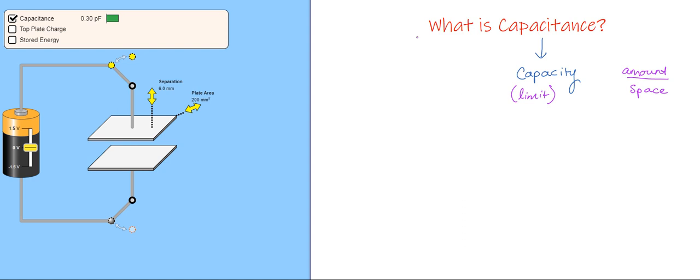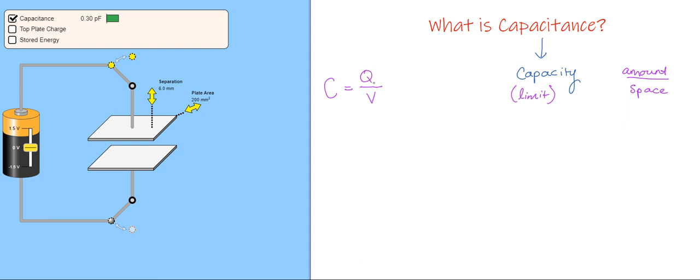So when we think of the term capacitance in terms of electricity, we're going to use the symbol uppercase C to represent capacitance, and we're going to define it as the amount of charge that can be stored in a particular region per volt of potential difference.